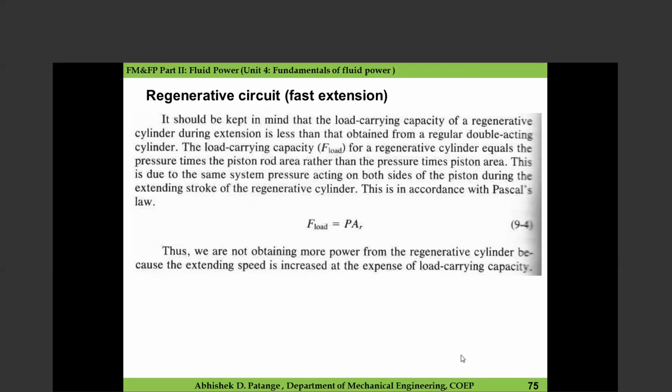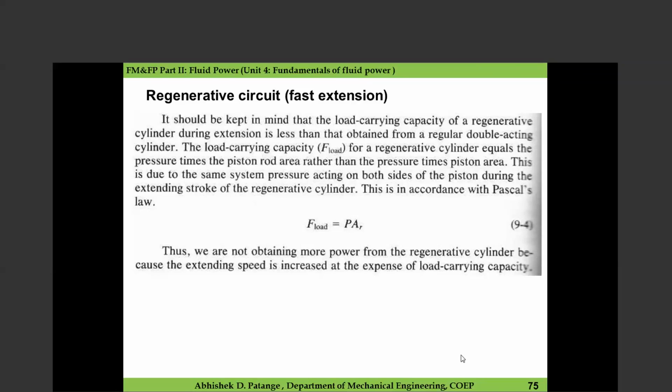So while considering the load carrying capacity of a regenerative cylinder, you have to consider the formula: force of extension of the regenerative cylinder will be equal to pressure into area of connecting rod, that is AR. So we are not obtaining more power from the regenerative cylinder, because the extension speed is increased at the expense of load carrying capacity.